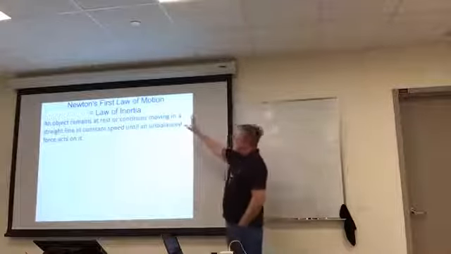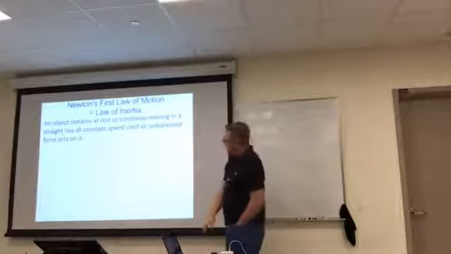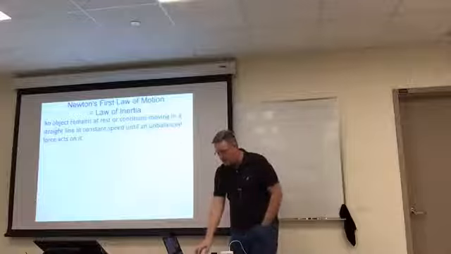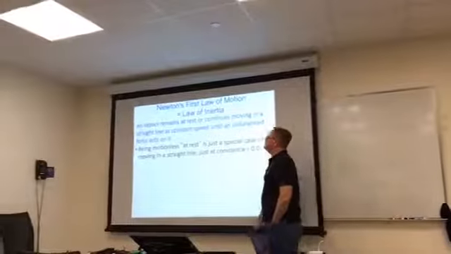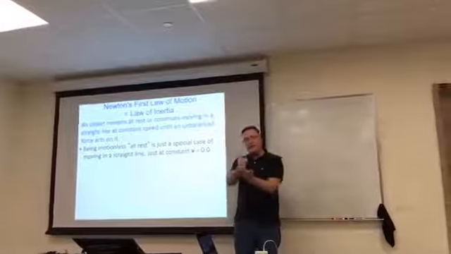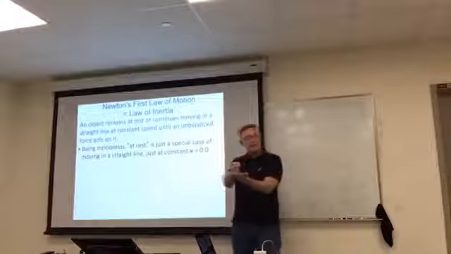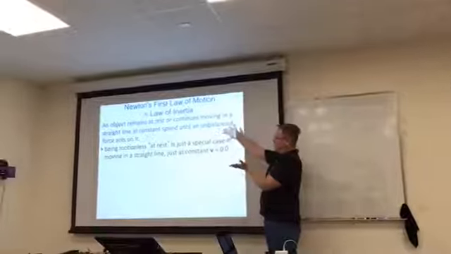A couple of fine points to point out here in the wording of this law. Being motionless at rest means that your velocity is 0 and you're going to stay with 0 velocity. You're not going to change that because an object remains at rest.